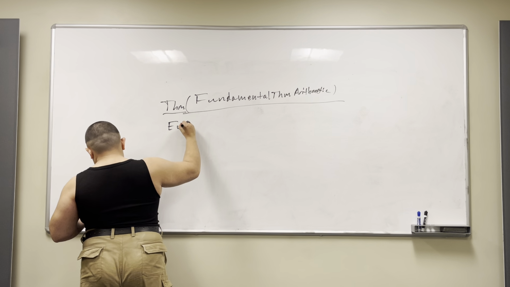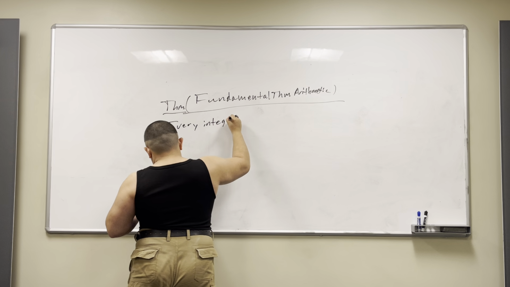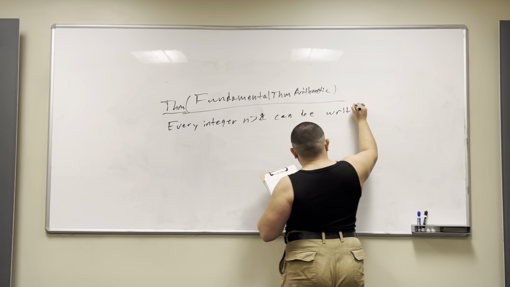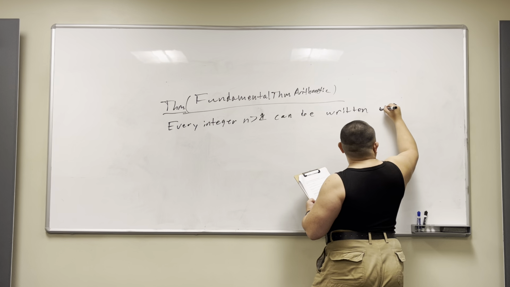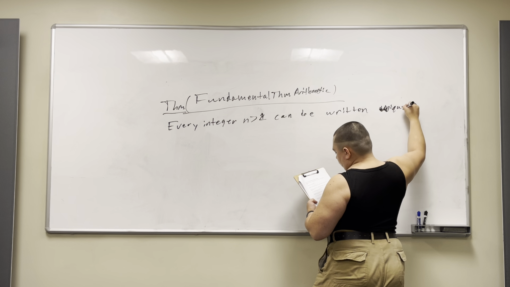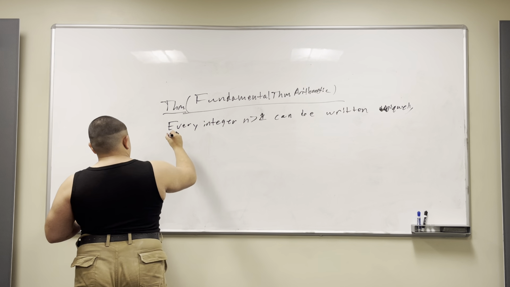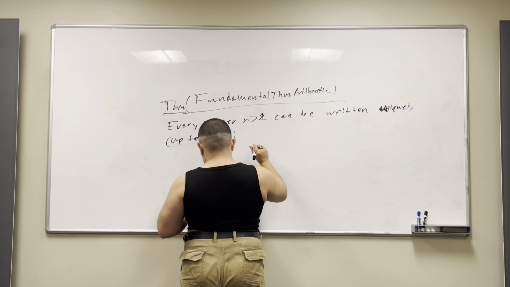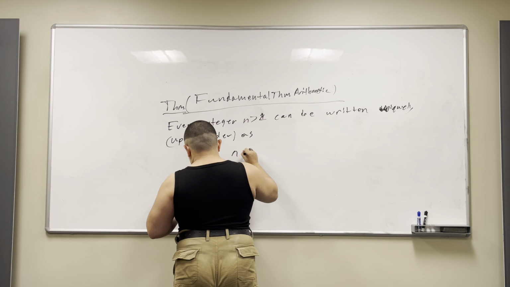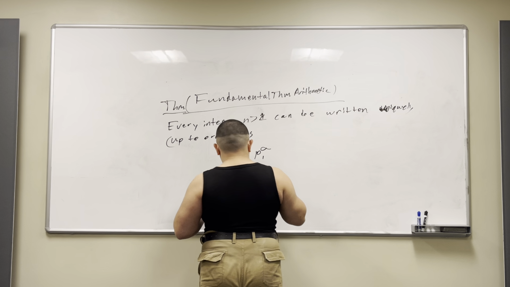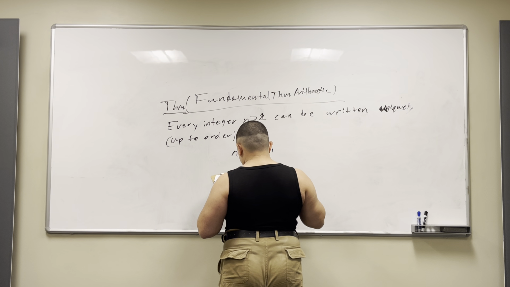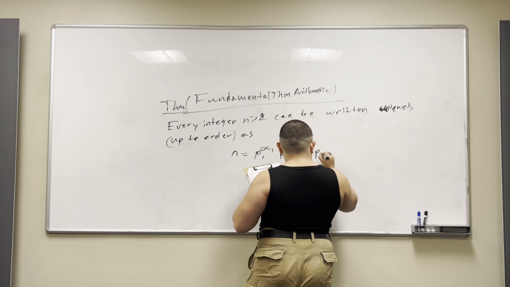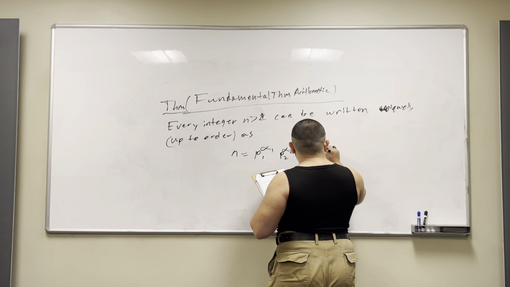Every integer n greater than 1 can be written uniquely, up to order, as n equals p sub 1 to the power of alpha sub 1, p sub 2 to the power of alpha sub 2, onward and upward all the way to p sub k to the power of alpha sub k.